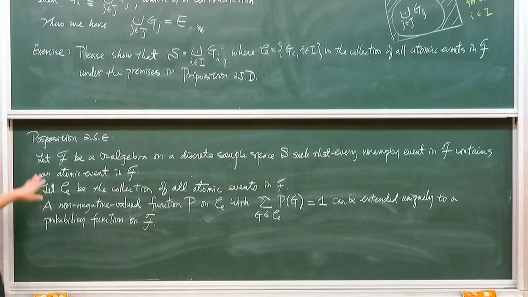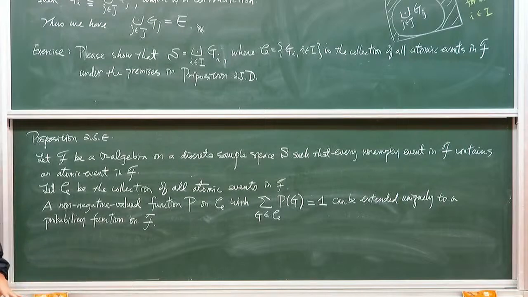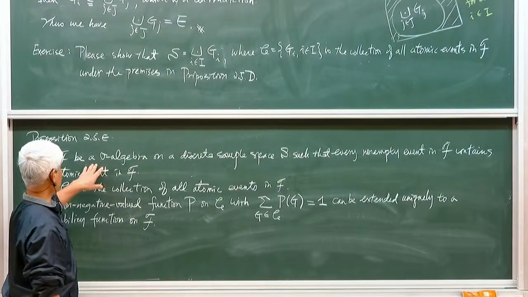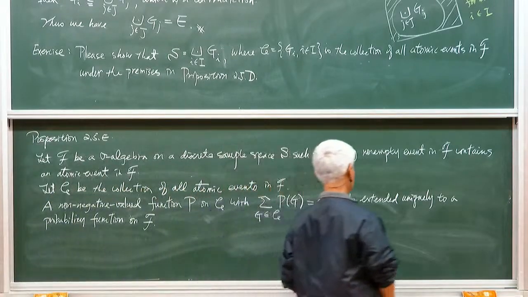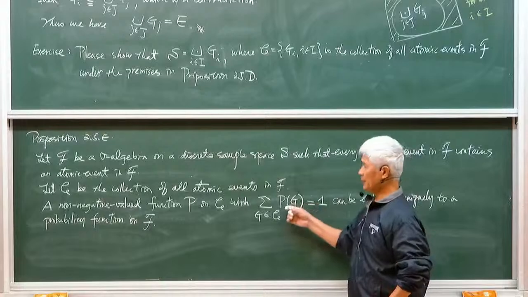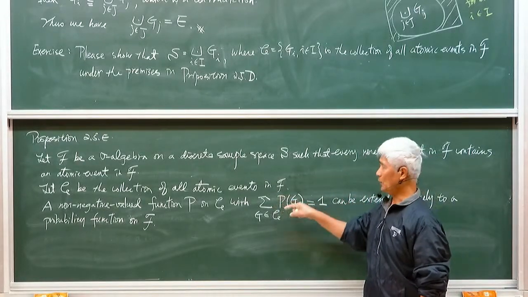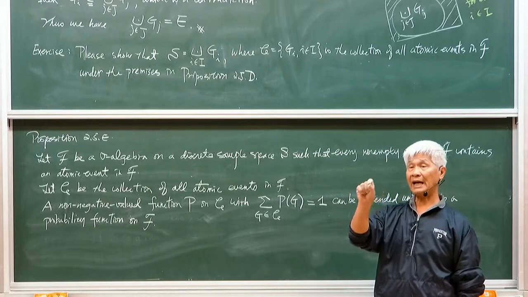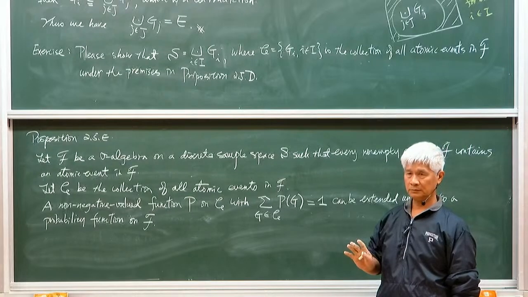So this proposition is useful, which gives you a way to construct a unique probability function on the sigma algebra F. The way is that you can assign probability to each atomic event such that the summation of all the probabilities assigned to atomic events equals 1.